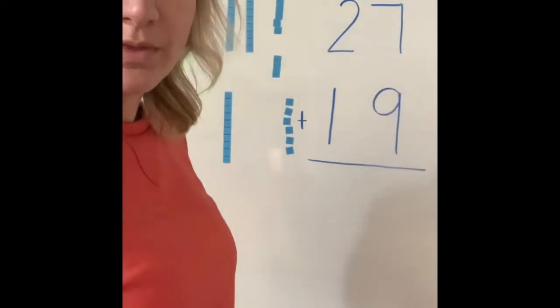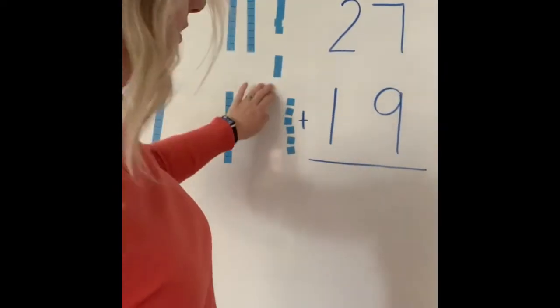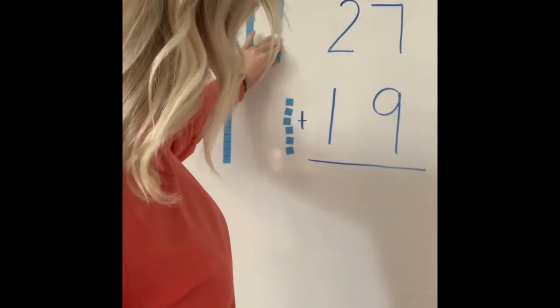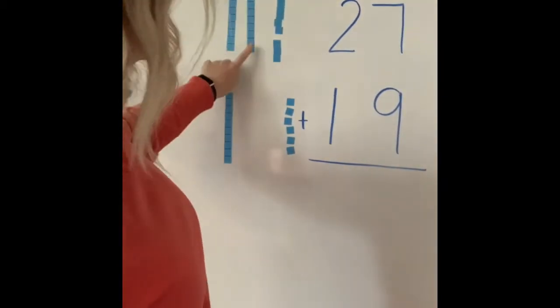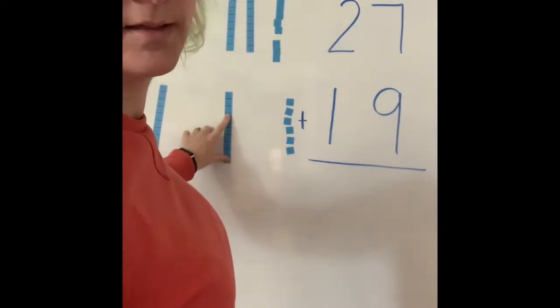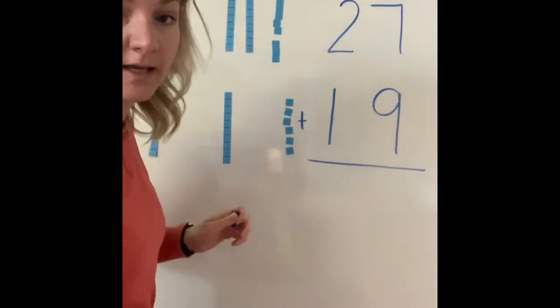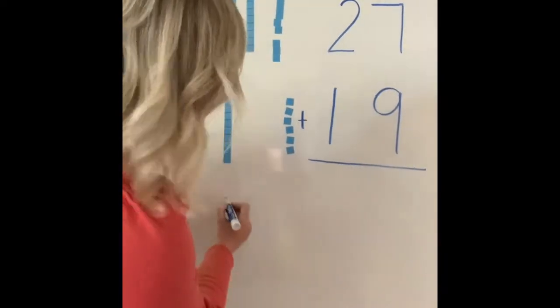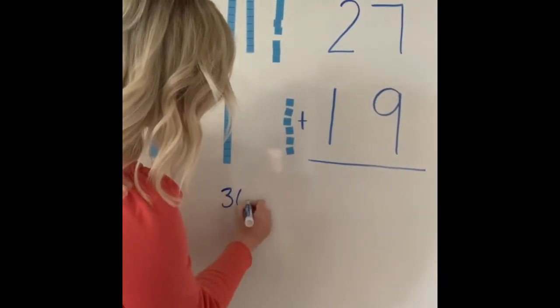So now that I've put that 7 and 3 more from this 9 together to make another tens block, I have 1, 2, 3 10s. So counting by tens, that's 10, 20, 30.